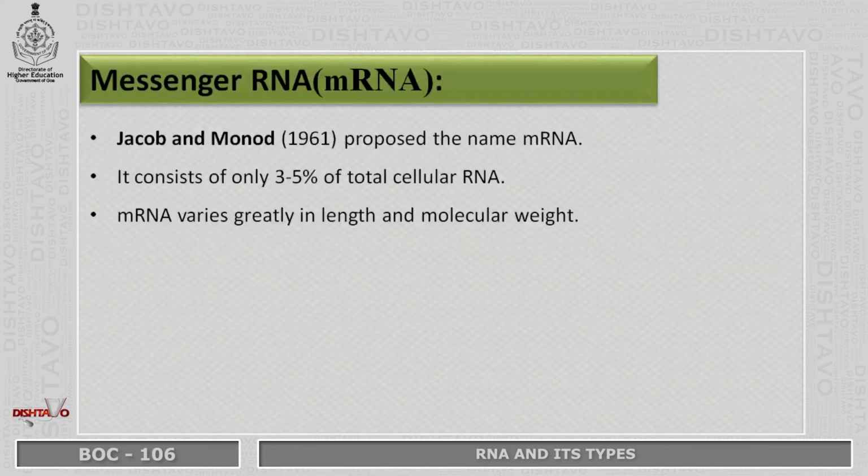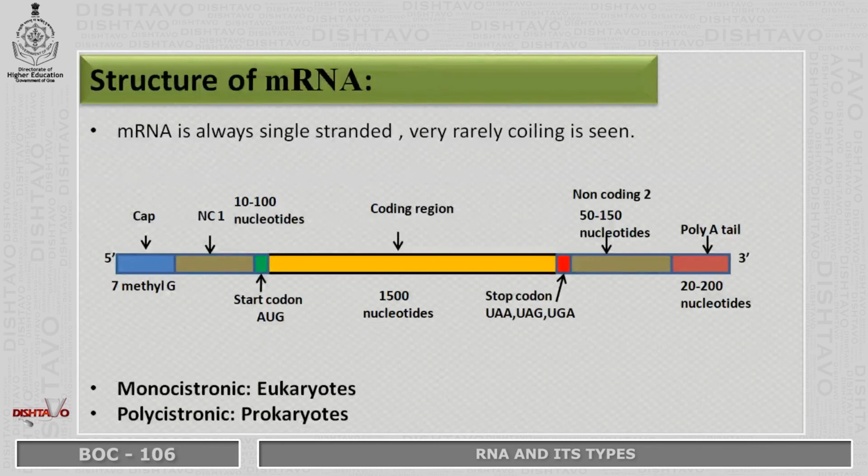It consists of only 3 to 5% of total cellular RNA. mRNA varies greatly in length and molecular weight. Structure of mRNA. mRNA shows a prominent coding region which codes for proteins. It is made up of approximately 1500 nucleotides.